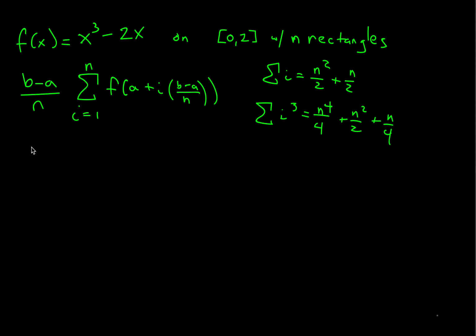So to begin with, let's go ahead and substitute into our expression here what we know. So we have b minus a is 2 over n, so we get 2 over n times the sum from 1 to n of f of 0, because a is 0, plus 2i over n.